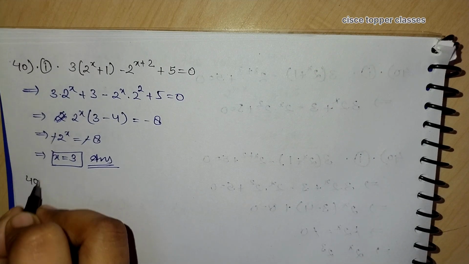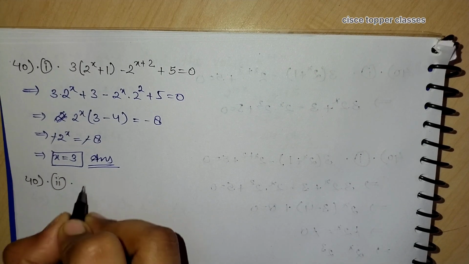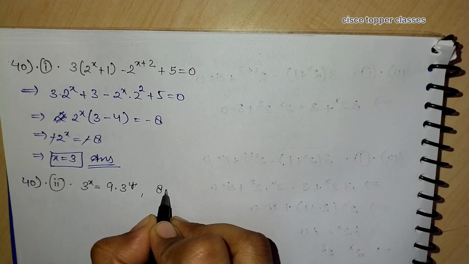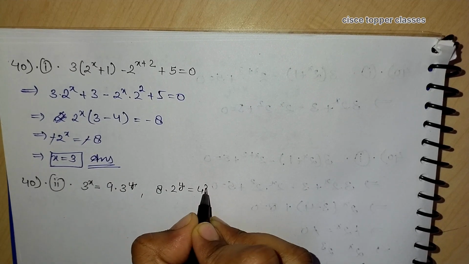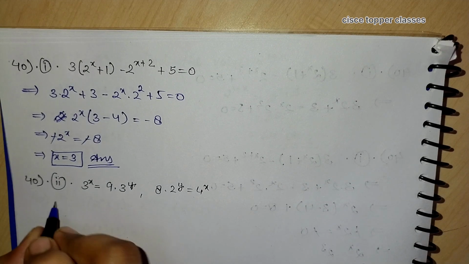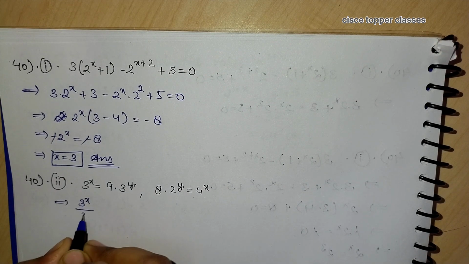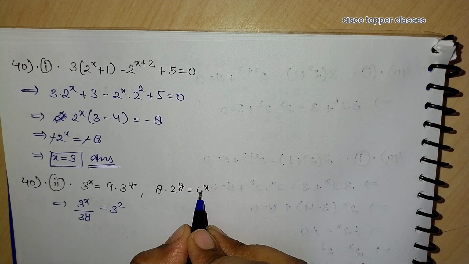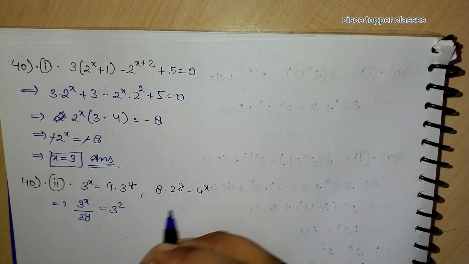Now here we will solve the 42nd part, which is given as 3x as 9 into 3y and 8 into 2y equal to 4x. So we can write here 3x by 3y equal to 3 की power 2, and here 4 we can write 2 की power 2x also.